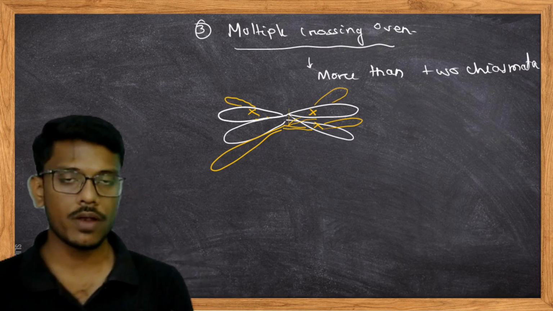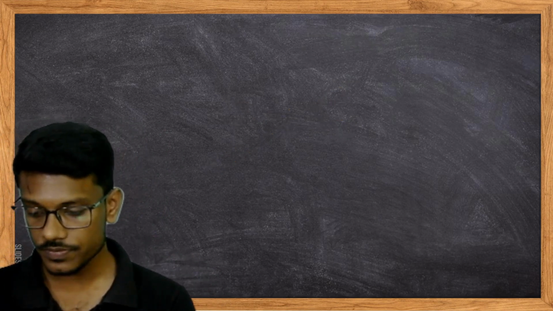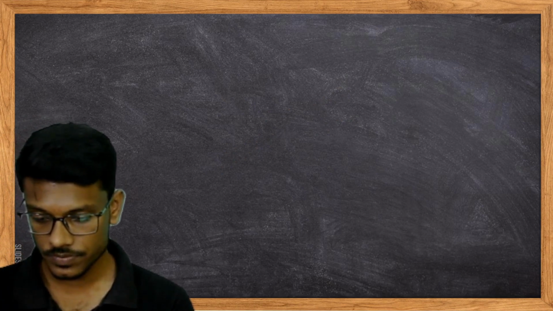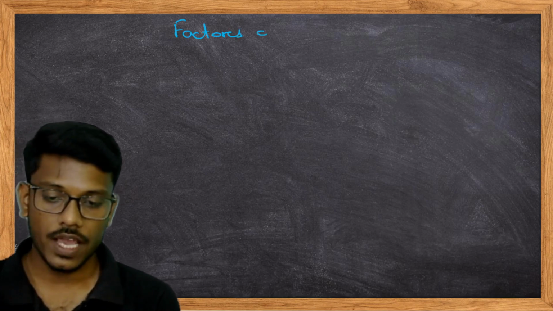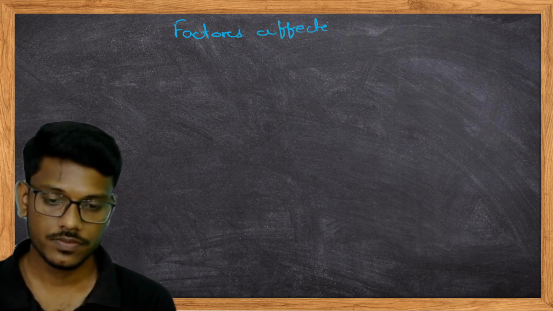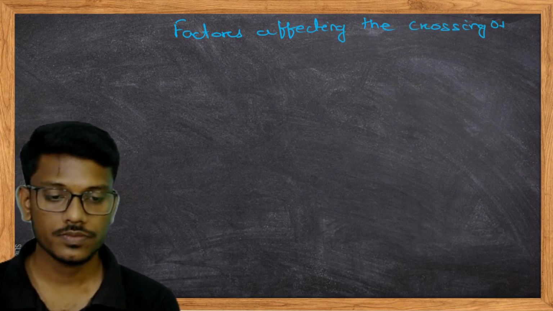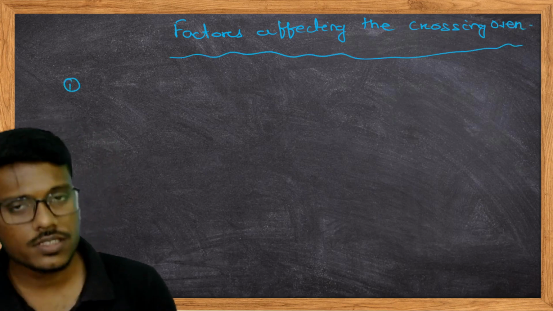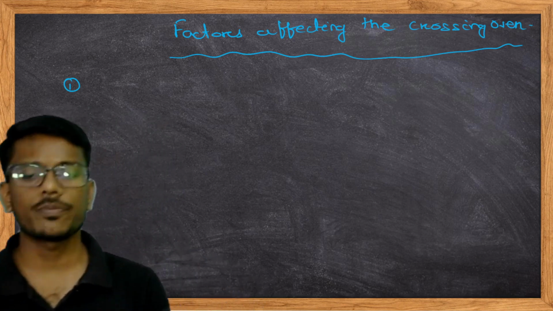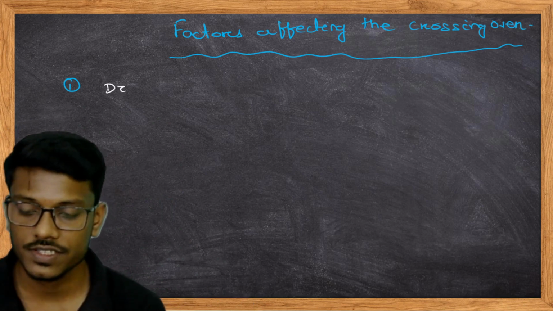Let's come to the main point, the factors affecting the process of crossing over. First of all, crossing over purely depends upon the distance between the genes. The first one is the distance between the genes.